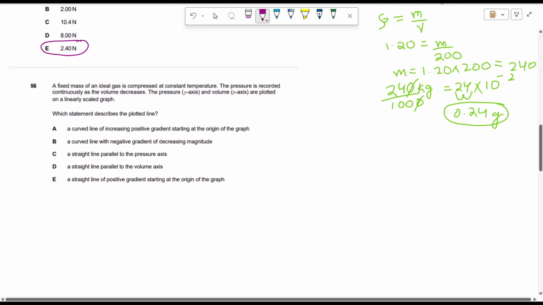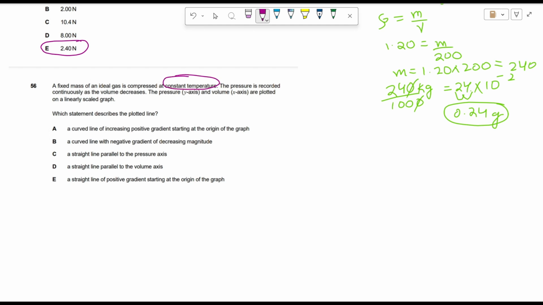Now our fourth question is: a fixed mass of an ideal gas is compressed at constant temperature. Constant temperature means isothermal. The pressure is recorded continuously as the volume decreases.